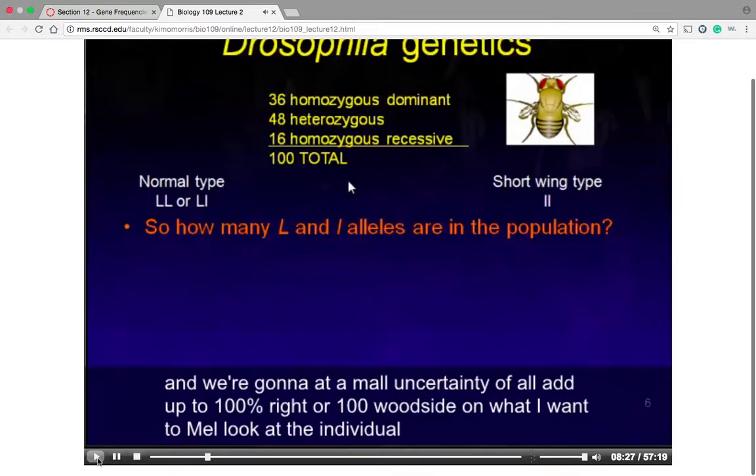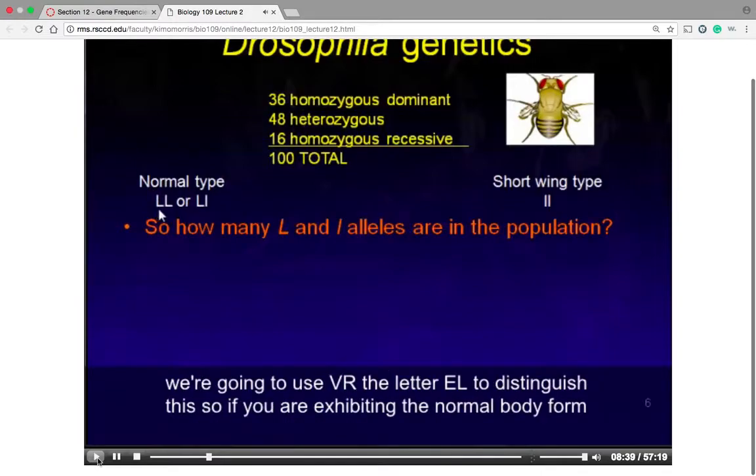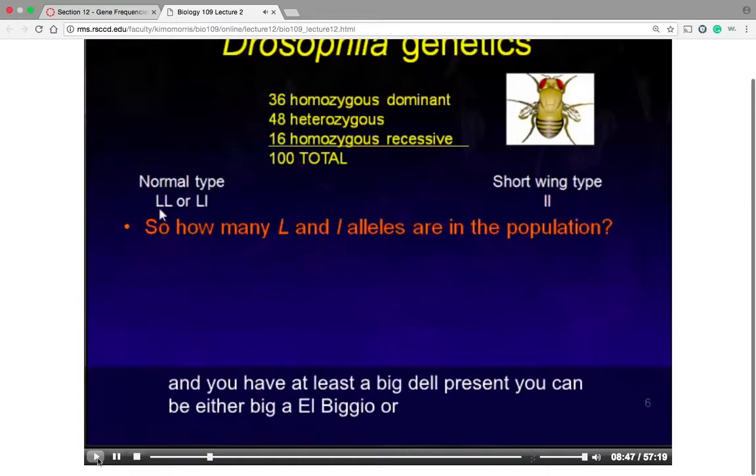But I now want to look at the individual alleles within the entire population. We're looking at normal alleles and short-winged alleles. We're going to use the letter L to distinguish this. If you are exhibiting the normal body form, then you have at least a big L present.